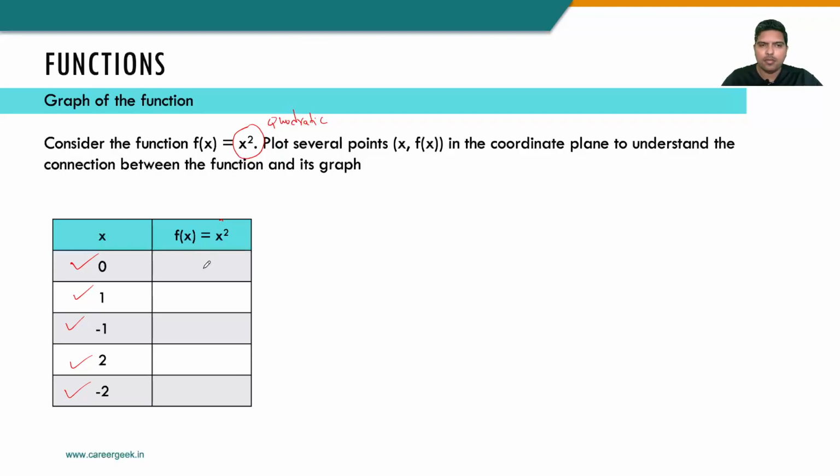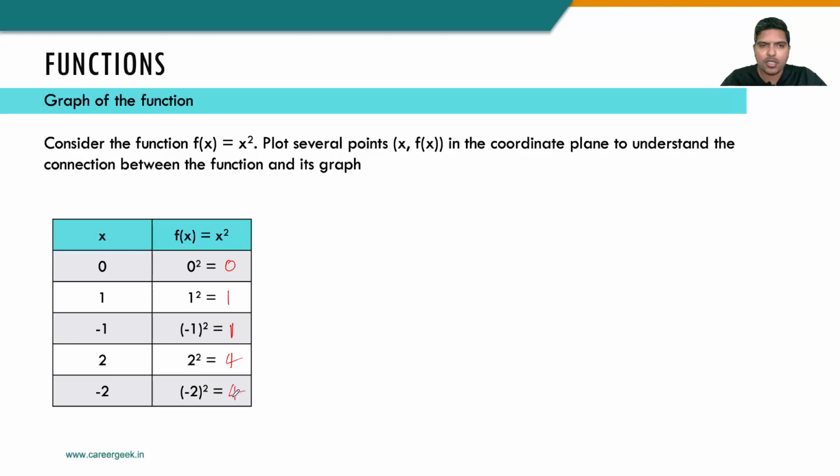Now I hope this is clear. Now when x is 0, f of x is 0 square, which is 0. And when x is 1, f of x is 1 square. And when x is -1, then f of x is still 1. -1 whole square is 1. X is 2, it is 4. X is -2, f of x is still +4.